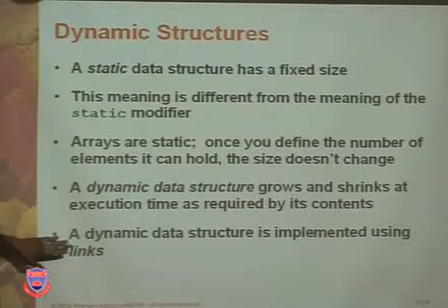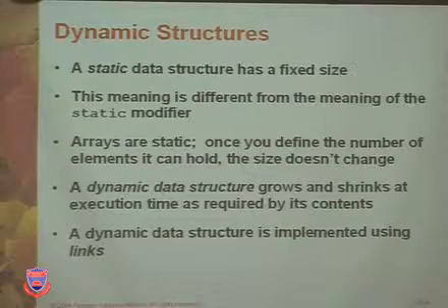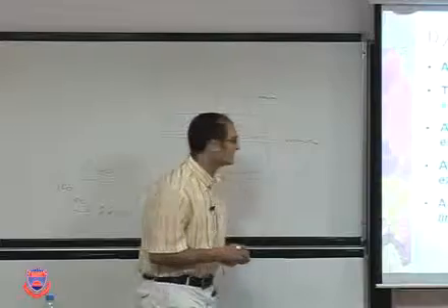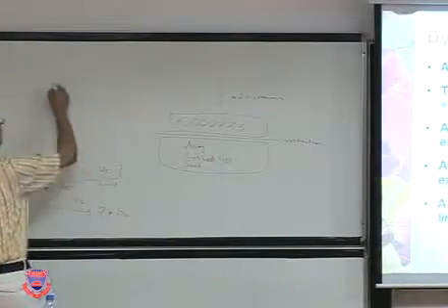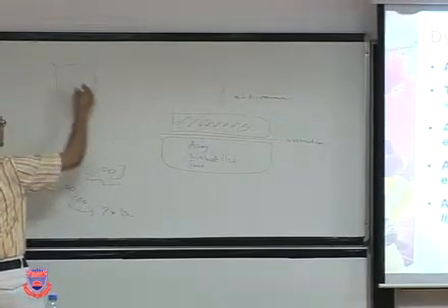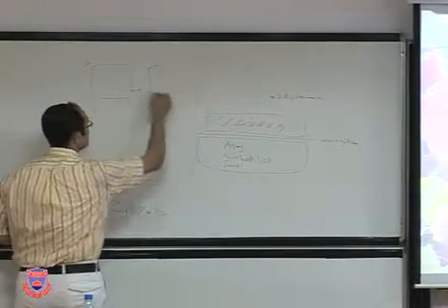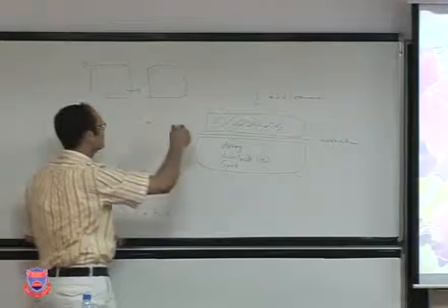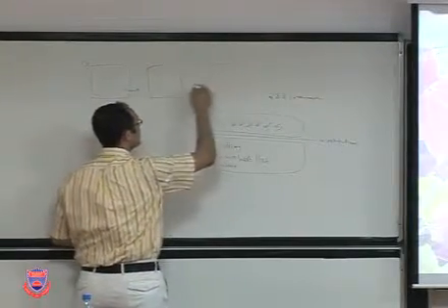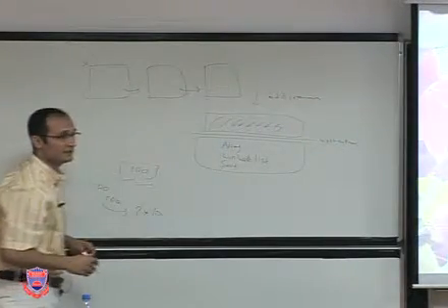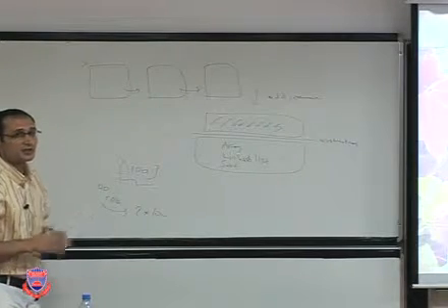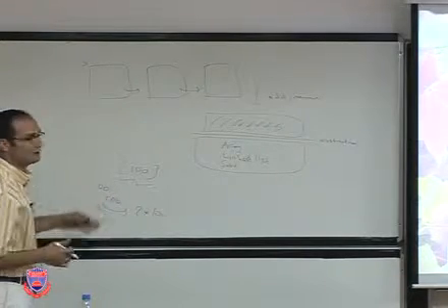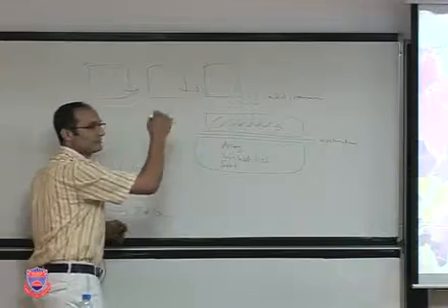In a dynamic data structure, you use links to represent this dynamic nature. So let's say I have an object that I start with, and then every time I add another object, I have a link to add after this. And if I add one more object, I have another link that points to the next object and so on. So you dynamically add at the end of the list, and then you continue.